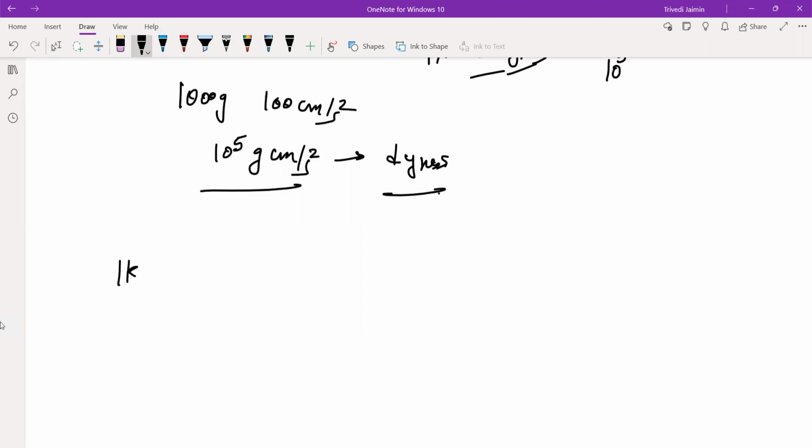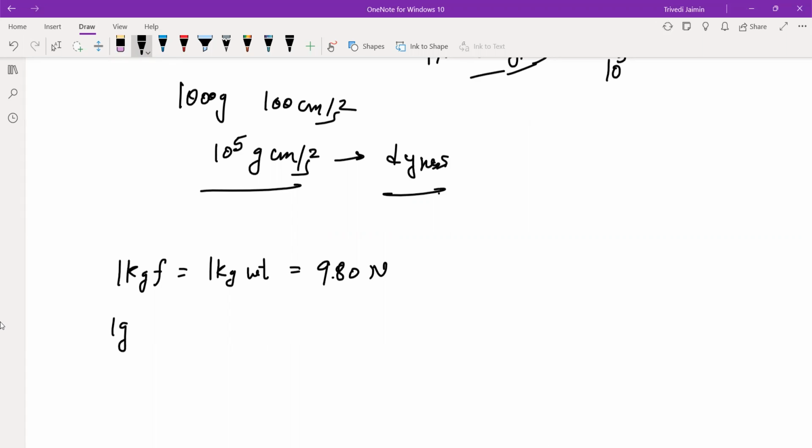So 1 kilogram force. How to describe this? Another name is 1 kilogram weight. That is equal to 9.8 Newton, or 9.8 times 10 to the power 5 dynes.